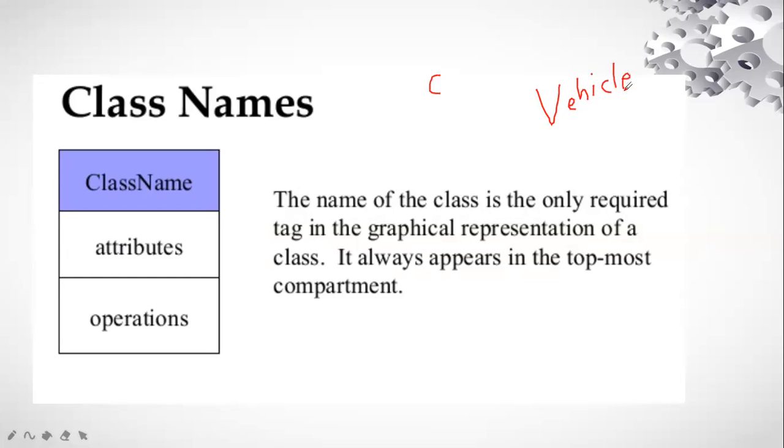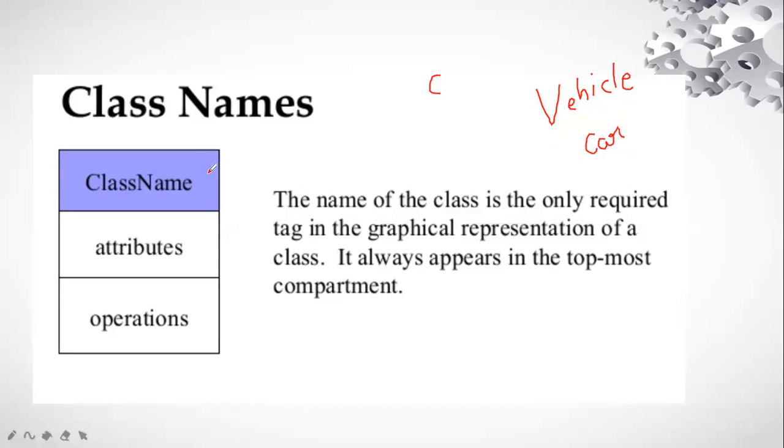It does not have any data until we give an instance of this class, for example a car. This can be termed an instance of the class vehicle, because it will have data: the name of the car, the color of the car, and so on.